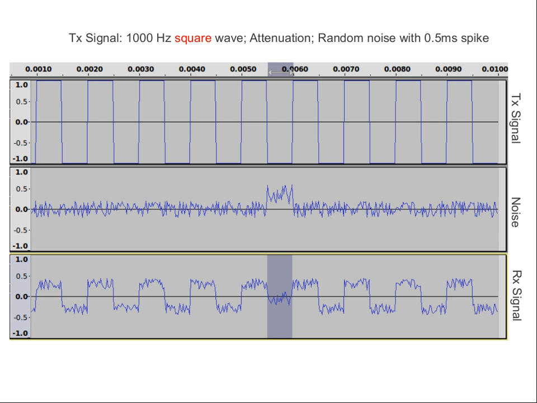An error is caused when a transmitted signal is at one level, let's say -1, but the receiver receives it at the other level, or closest to the other level, +1. If the noise was very big here, then it wouldn't be here, it would be somewhere up here, and that would be an error. So the chance of an error depends upon the magnitude of the noise and the signal being transmitted.